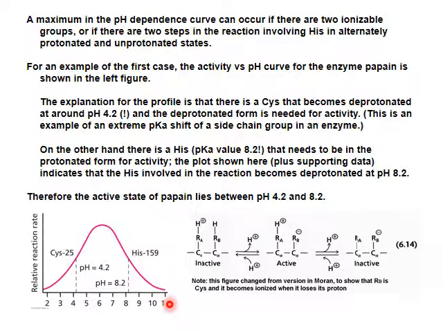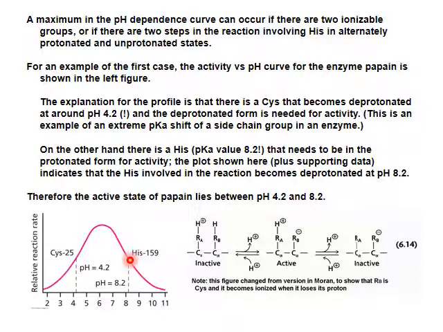So this residue must be protonated and has a pKa of around 4.2, and then the activity will go up as it's more deprotonated. We want it completely deprotonated at the apex, and then there's another group up here that's protonated, but if you start deprotonating that, it's going to cause the activity to go down.